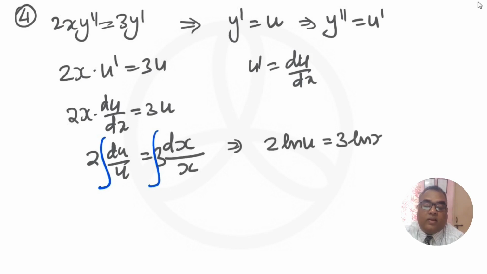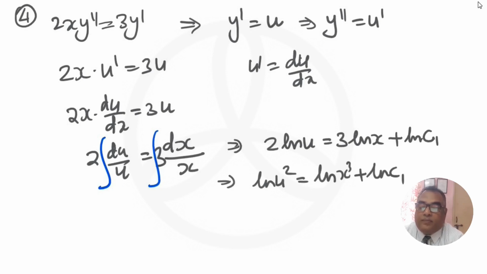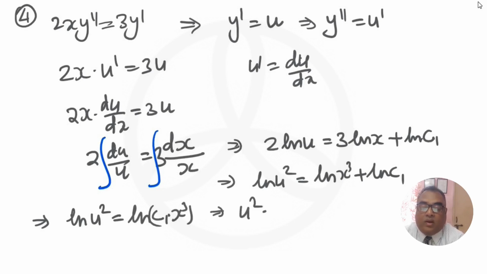I take ln c1, and this will be nothing but ln u square is equal to ln x cube plus ln c1, and this will give us nothing but ln u square is equal to ln c1 multiplied by x cube, and applying antilog on both the sides, we will have u square is equal to c1 x cube, or this will be u is equal to the root of c1 x cube.